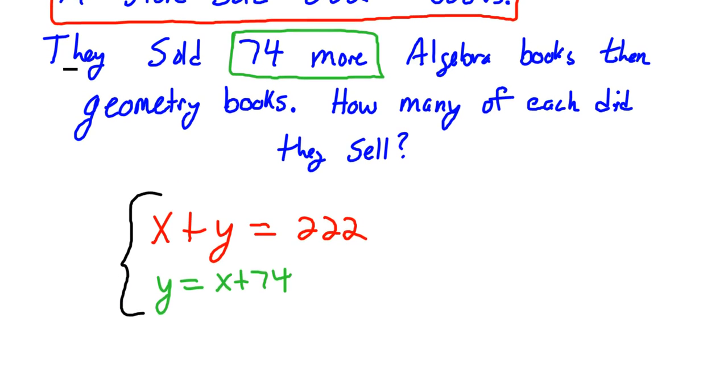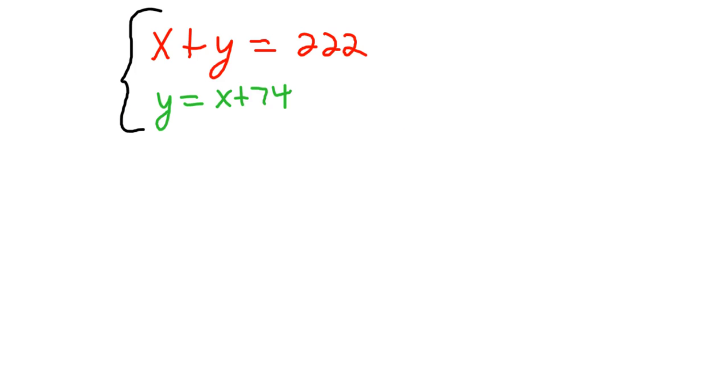Okay, now, the way they've got this one set up, probably the easiest way that you want to do it is to do substitution. But you could also do elimination if you want to. Because if you want to do substitution, you just take out this y.